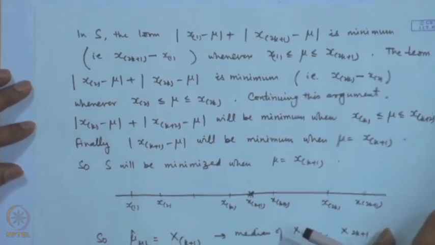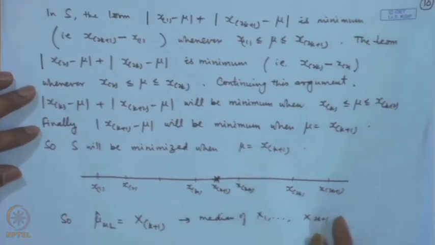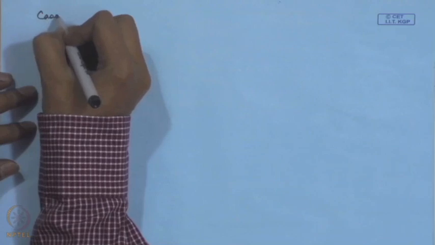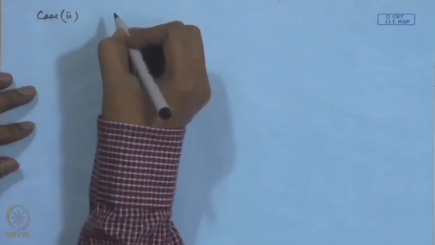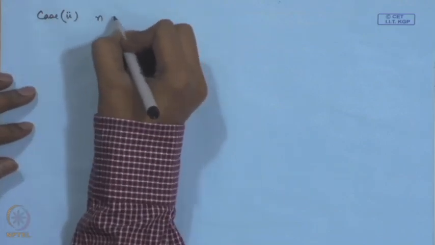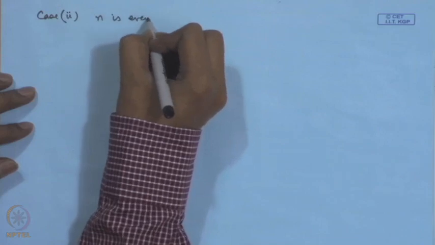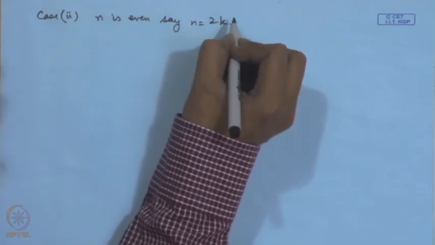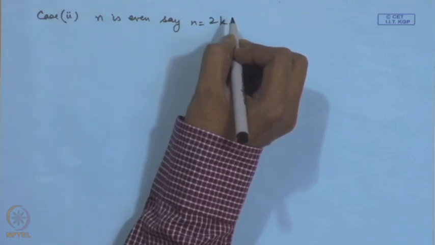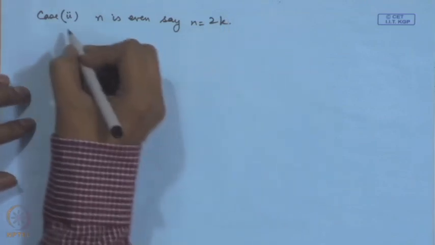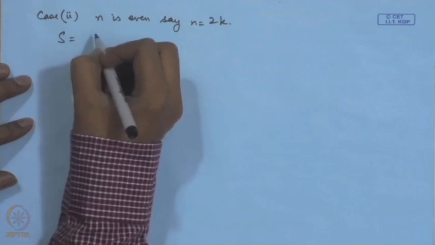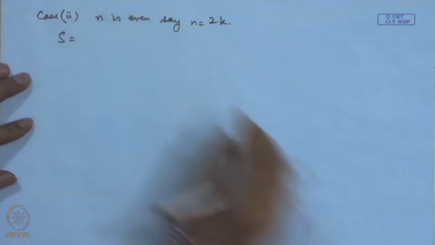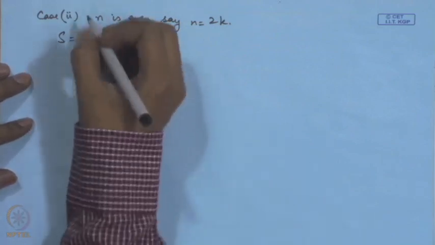Now, let us consider the case when n may be even. N is even, say n is equal to 2 k. Now, in this case, once again we may consider the clubbing in the similar fashion. However, this last term will not be there.